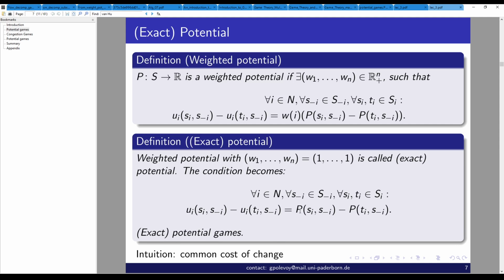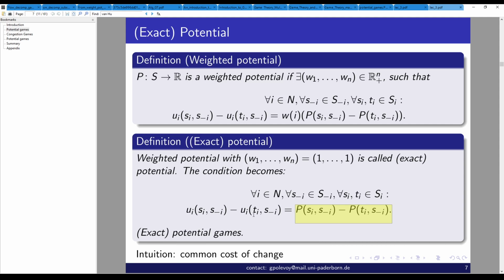So the potential function exactly traces the changes in the utility of the unilateral deviator. Please notice the changes in the potential function are equal to the changes in the utility. So the function is not equal to the utility. In particular, the function can always be changed by any constant.